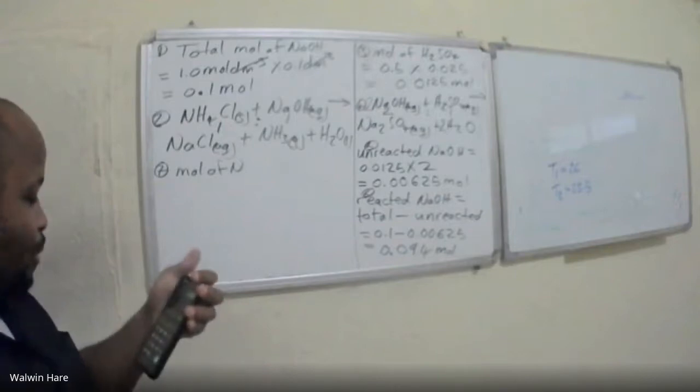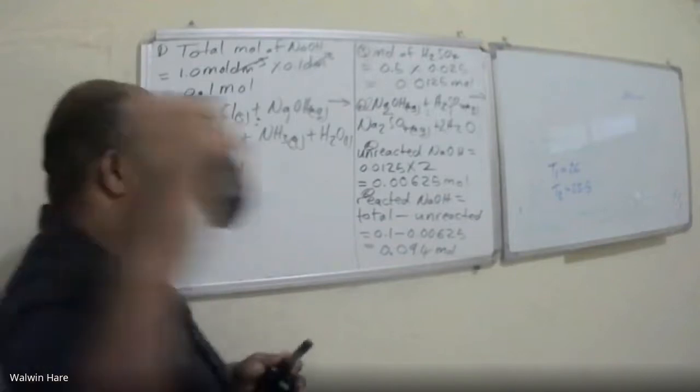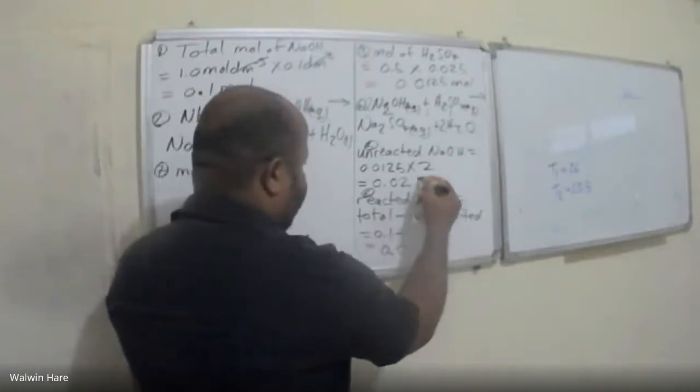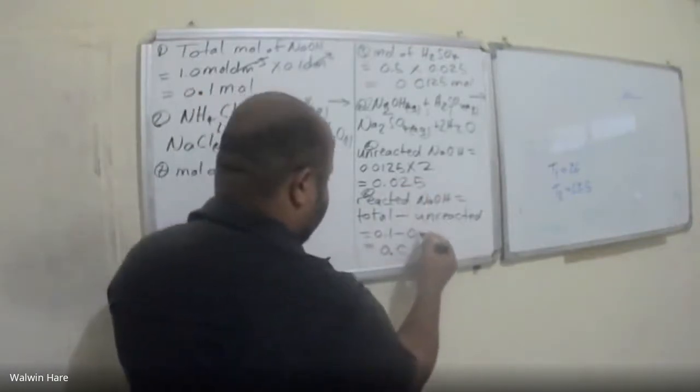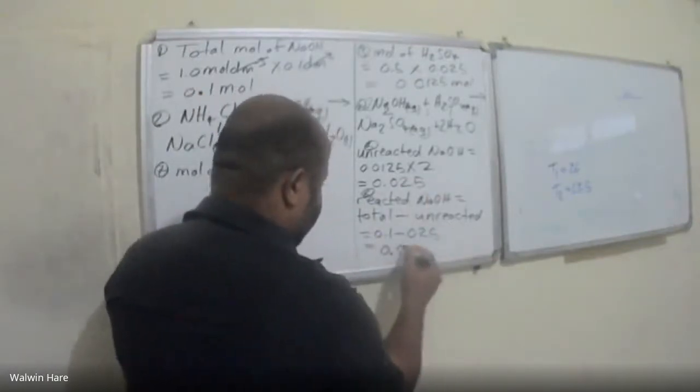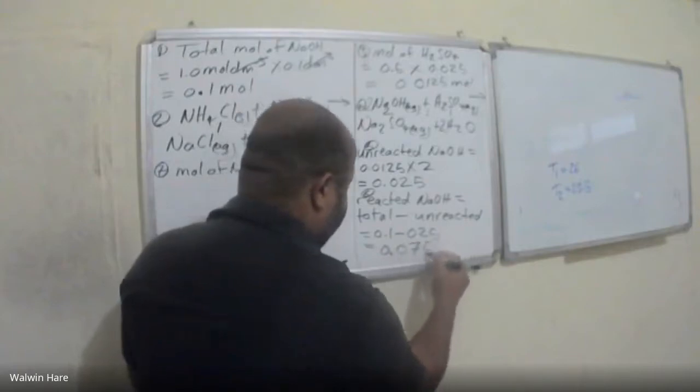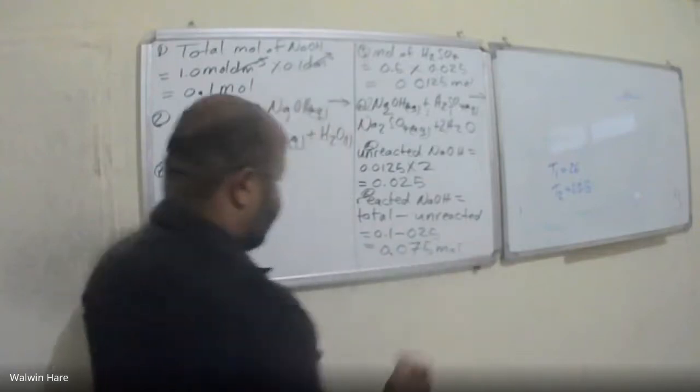Right, so it would be 0.025. It would be 0.025. This would be 0.075.